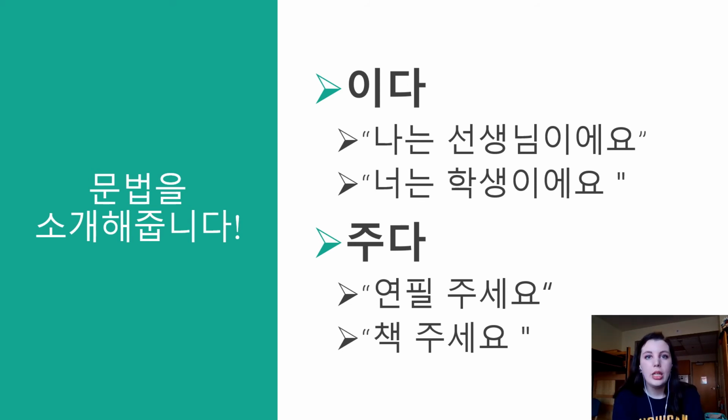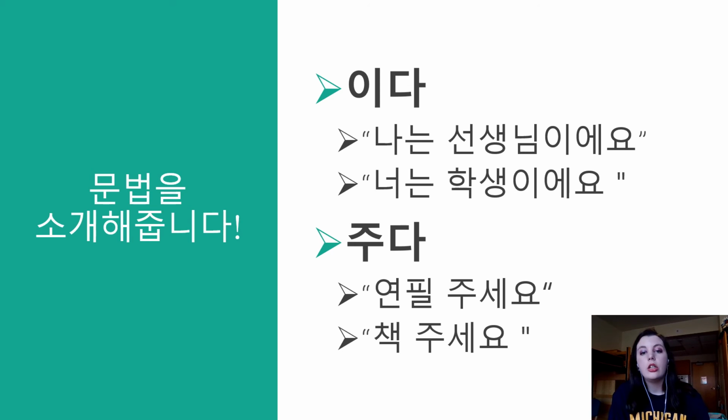So if I said 모니카이에요, it's kind of like choppy, right? So we just want to maintain that smoothness, which is why we would say 예요 after words that end with a vowel.